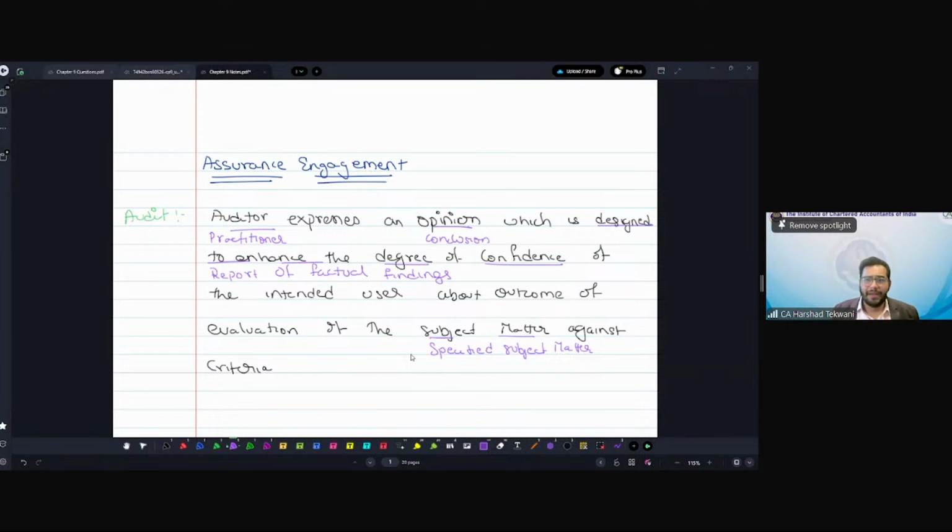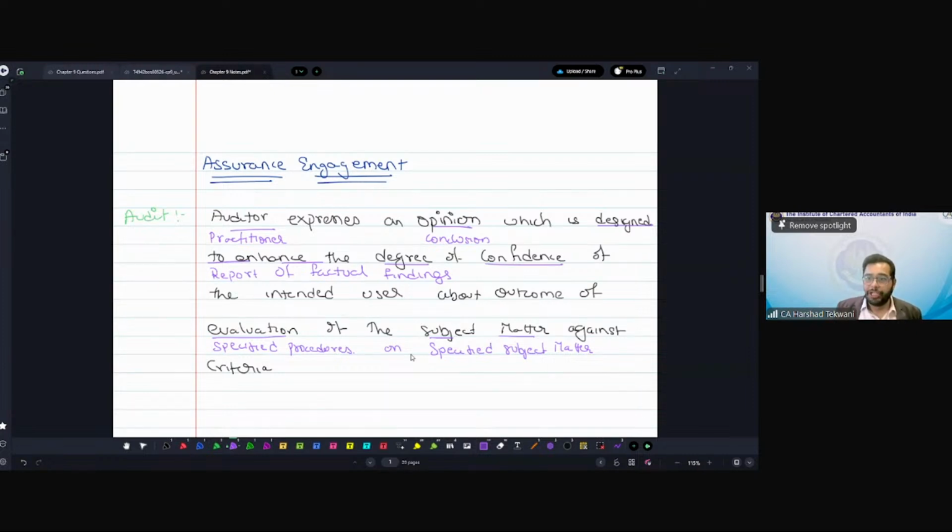Any specific item, accounts or financial statement, whatever. And instead of talking about the evaluation, I talk about specified procedures, predefined procedures. Outcome of specified procedures on the specified subject matter.